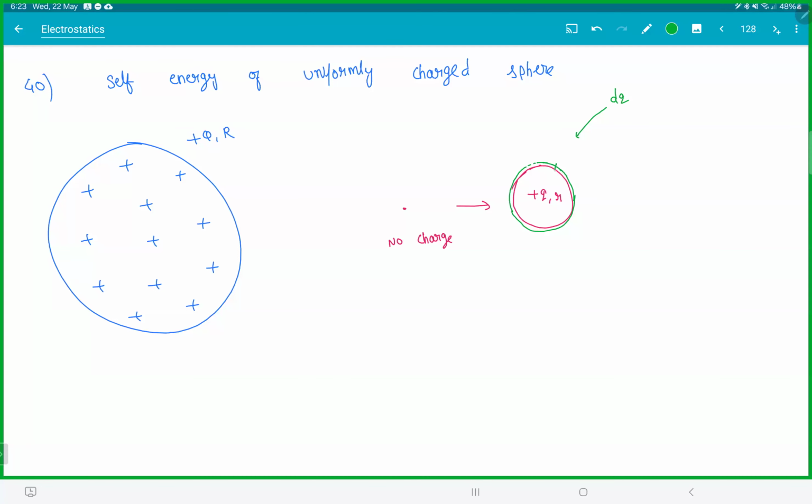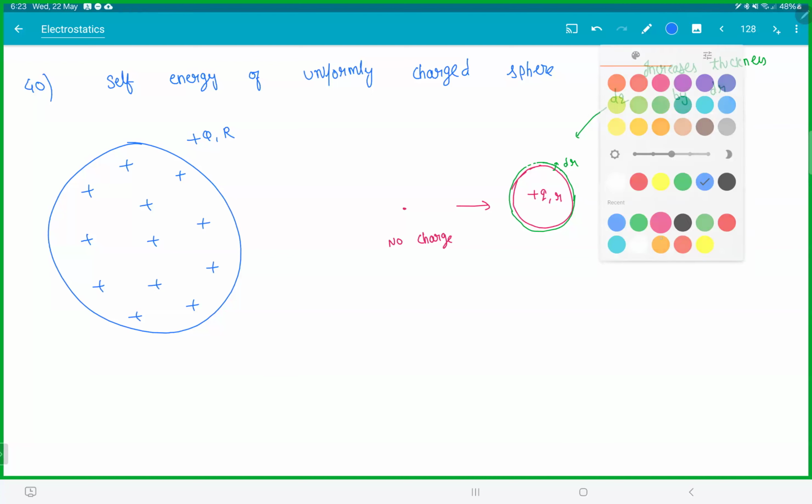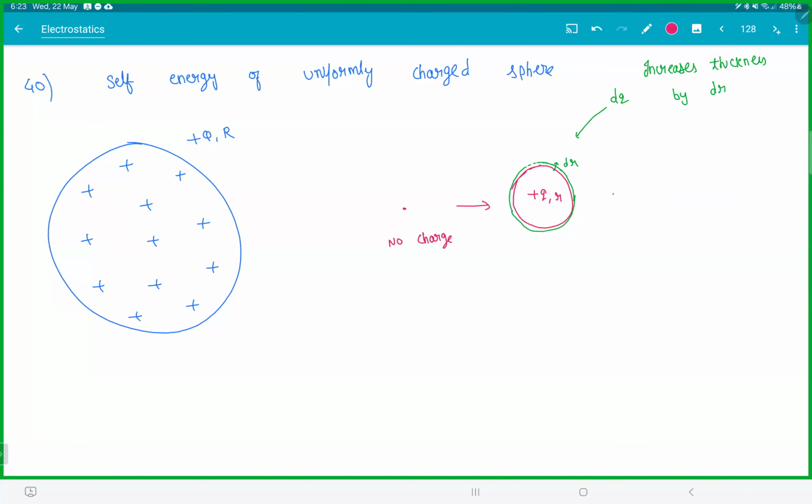So you increase the thickness by dr. So this dq increases the thickness by dr. Every time you bring dq from infinity, spread it over a small thickness. So keep on adding. It's like an onion, layer upon layer. Eventually, you will get your full sphere.